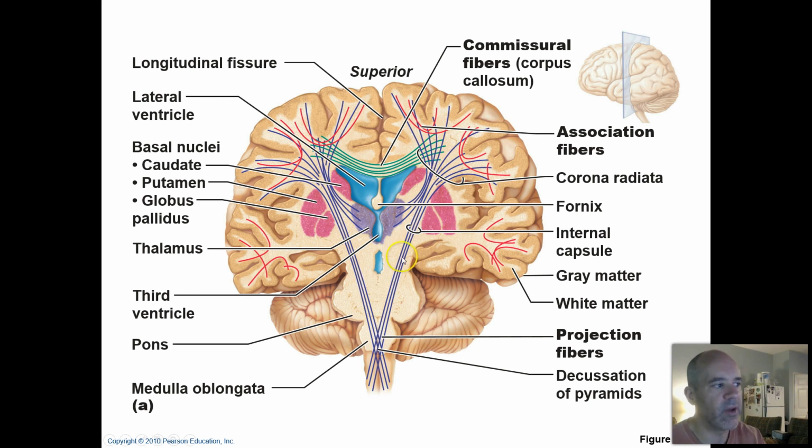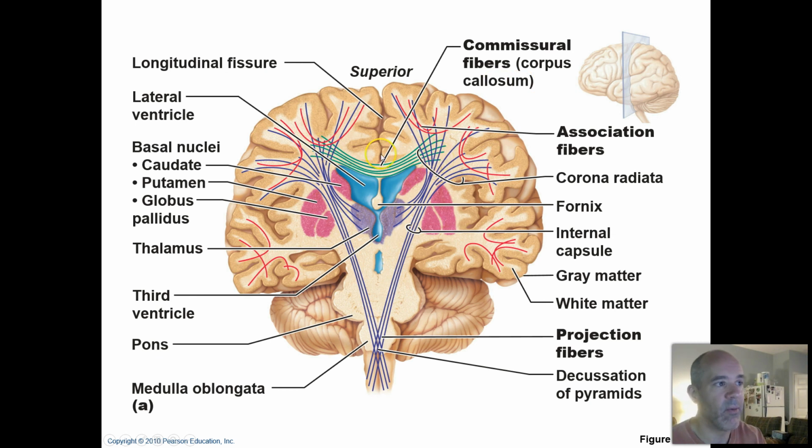All right, and so here is some of this highlighted in color here. In green, for example, in here you have axons, nerve fibers within the corpus callosum that are extending from the left to the right and from the right to the left.